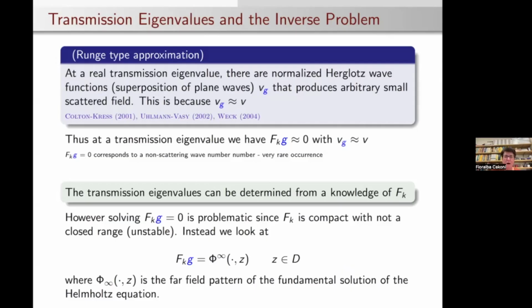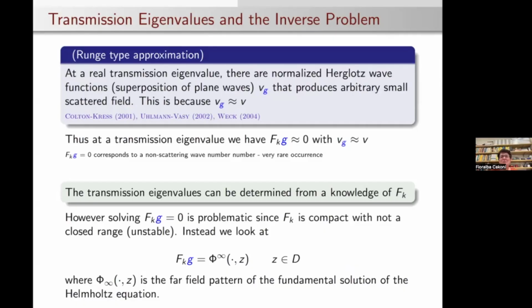So the moral of the story I presented is that the existence of non-scattering wave numbers is not a frequent occurrence, right? Actually, the only case we know that they exist is spherically symmetric media.